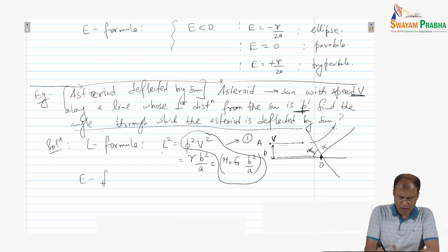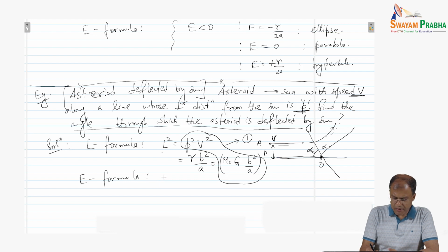From the E formula, my E is half V square. So my E formula is half V square is M naught G, this is gamma, by 2a. So this is for the hyperbola. So this is gamma over 2a.